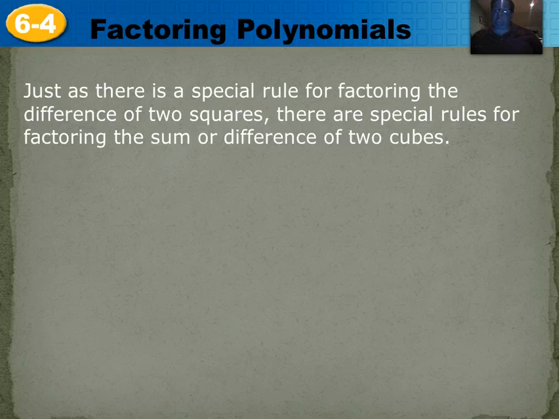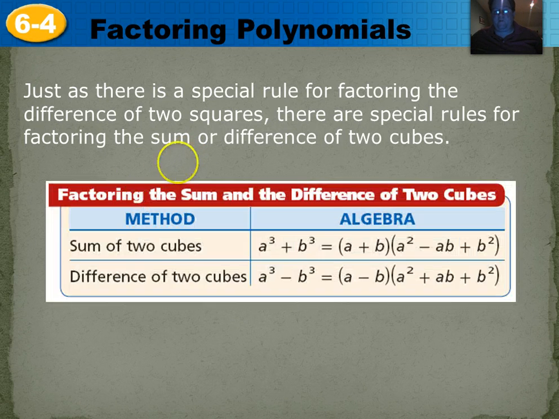Just like there's a special rule for factoring the difference of two squares, there are special rules for factoring the sum or difference of two cubes. Here they are. Sum of two cubes, a cubed plus b cubed, in a generic case, would be a plus b.